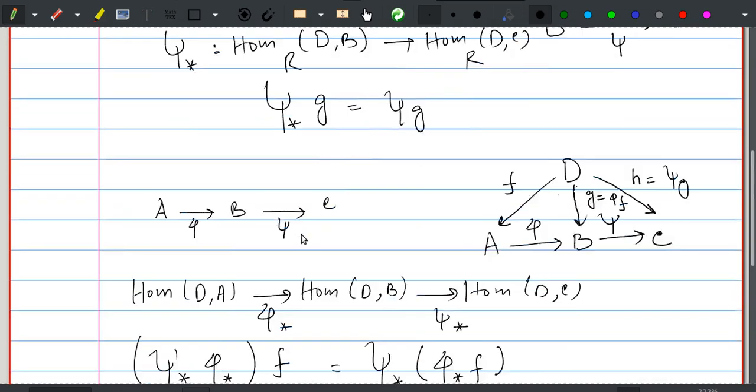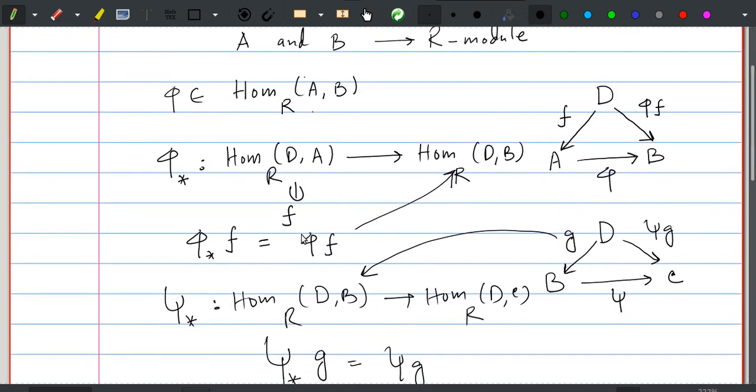Now here these modules A, B and C, and this module D is fixed everywhere.